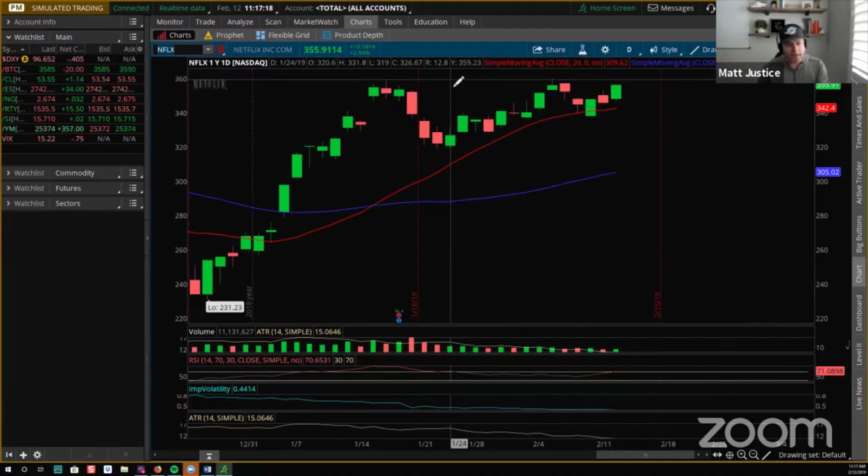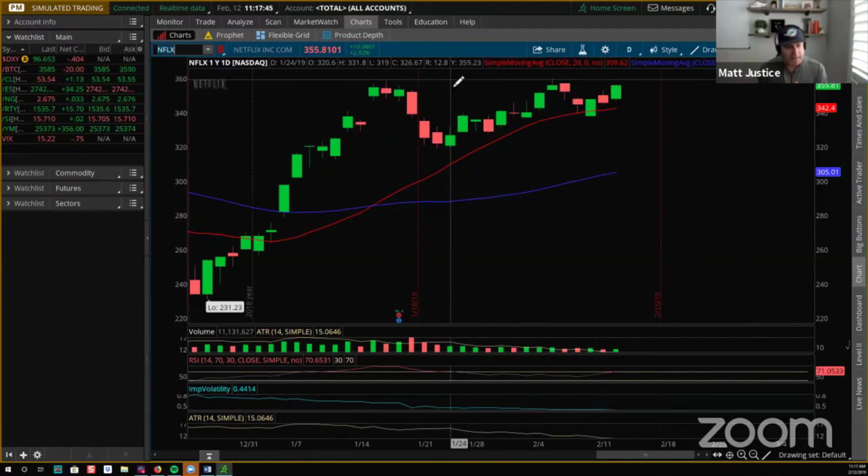It is not broken out yet, but we're going to put an order to buy it if it does break out. Now, the only conversation, if you wanted to be more aggressive in Netflix on the breakout, is do you want to use a 10% of the ATR or do you want to use a 50% of the ATR? That's completely up to you. Either one's fine. 10%, 25%, 50%, whatever it is.